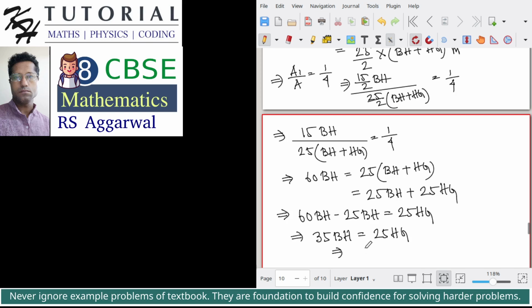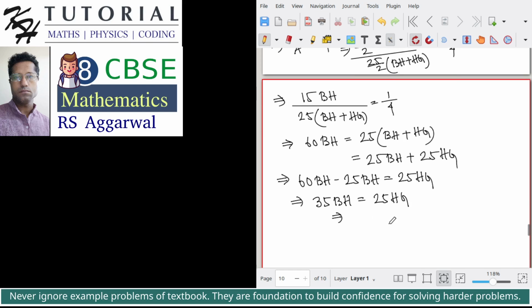Okay. So we have 35 BH is equal to 25 HG. So we have to find the ratio of BH and HG. So BH divided by HG is equal to 25 divided by 35.